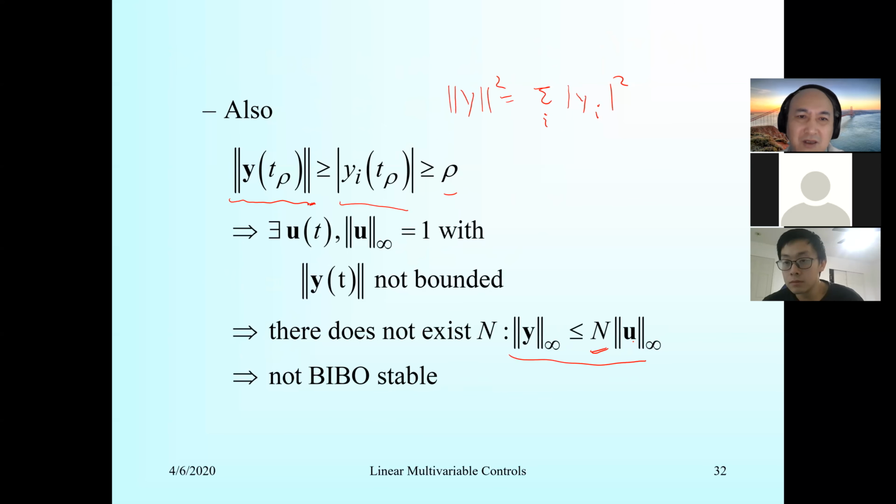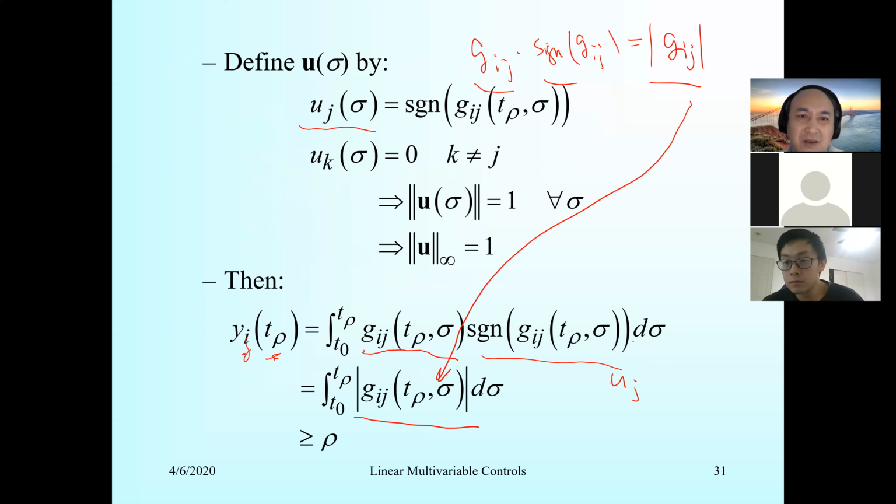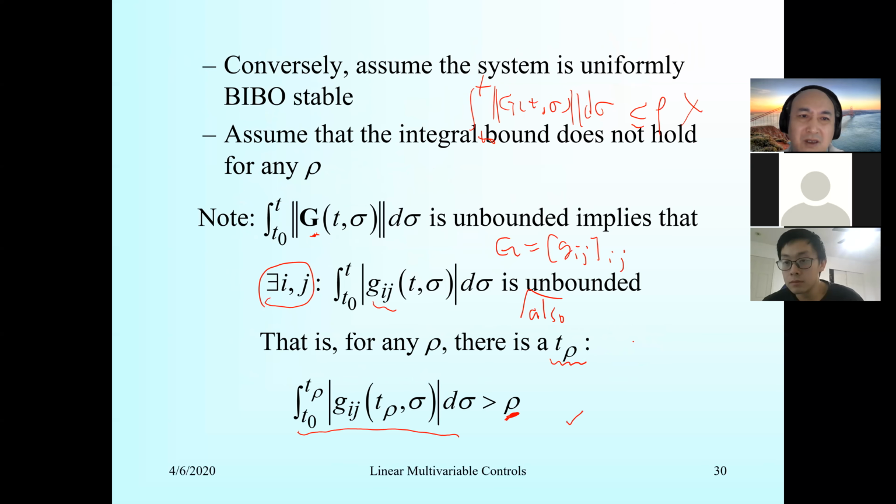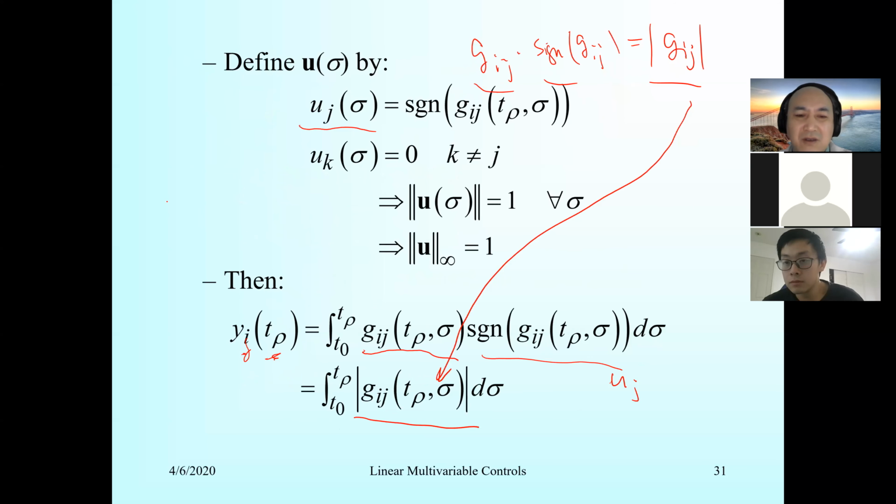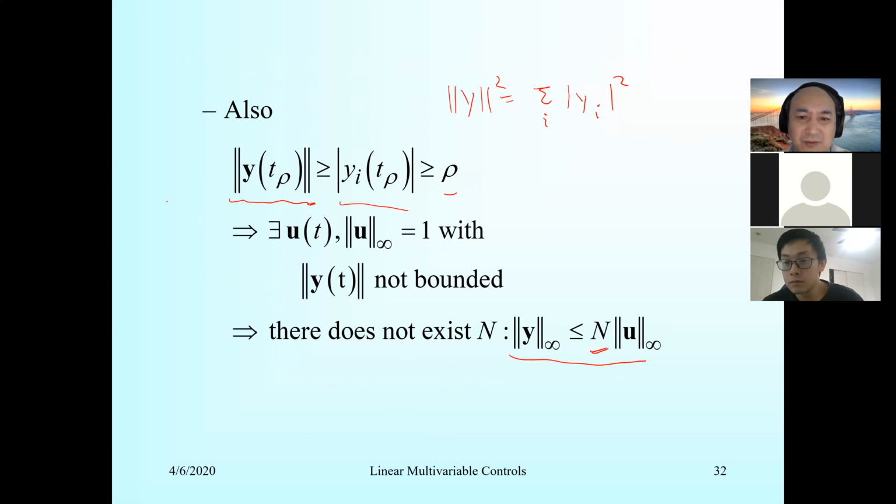In other words, this assumption is wrong. So it's proof by contradiction. This is wrong, so this must be true. I hope you see all the logic flow in here. So that's not true.